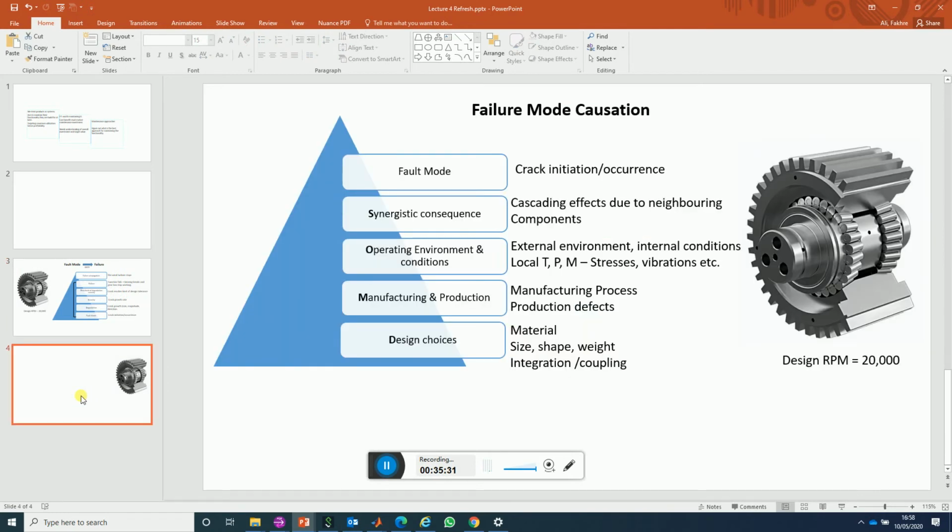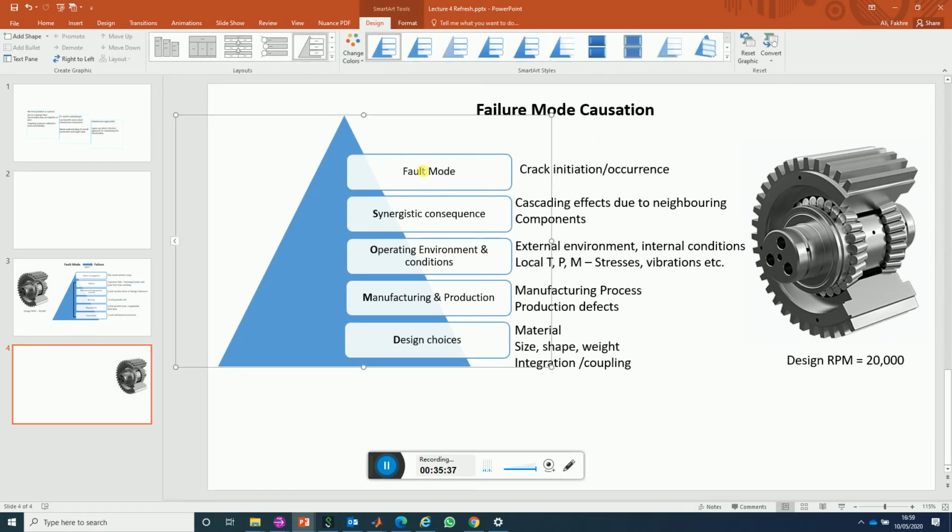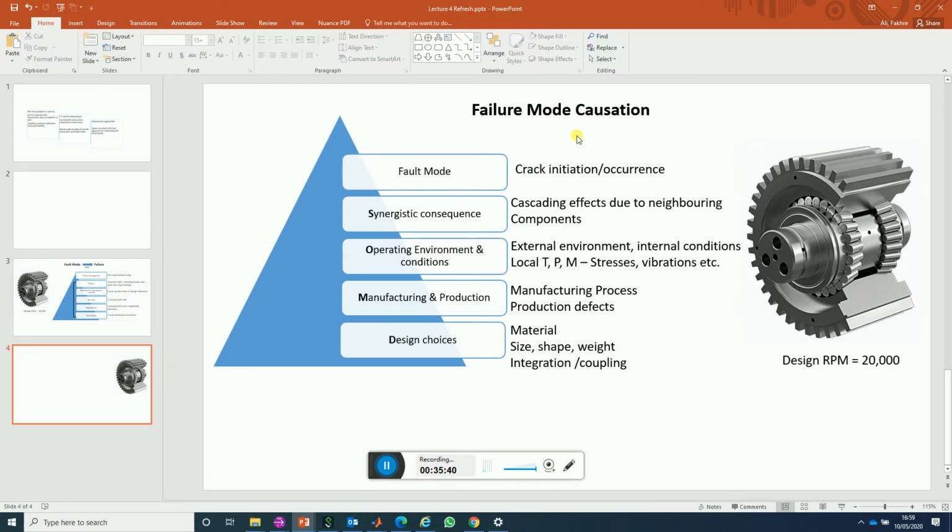In the next slide, I'm trying to basically capture how you reason fault mode, how you map the causation of fault mode. This crack was initiated, and we said, okay, it's lack of lubrication, the metal to metal contact has increased, stress increases, it's still rotating at very high RPM, there are torsional forces, there are stresses present in very sensitive regions, and so therefore it has led to forces essentially that has led to failure of this bearing.